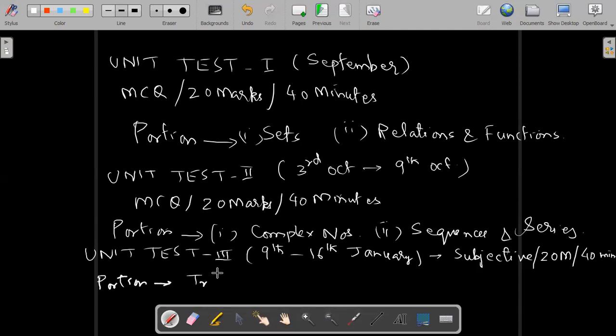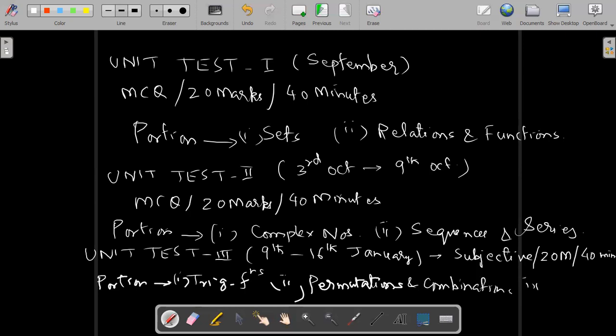And the portion we have decided: number 1, trigonometric functions. Number 2, permutations and combinations. And number 3, linear inequalities.